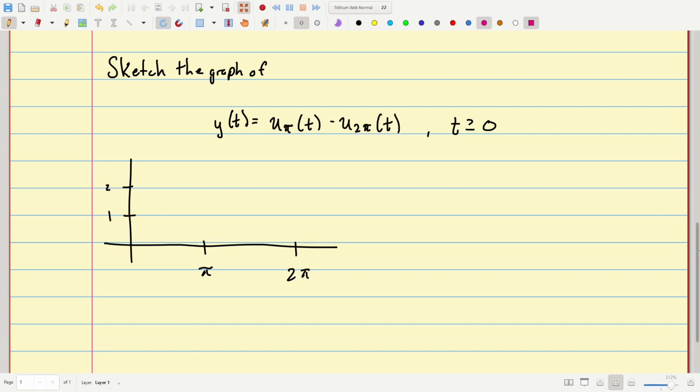So what does the graph of this look like? Okay, that's what the graph of the whole thing looks like, right? So if we have this set up, it's 0 up until this value, and then it steps up to 1, and then it's 1 up to this point, and then it steps down.